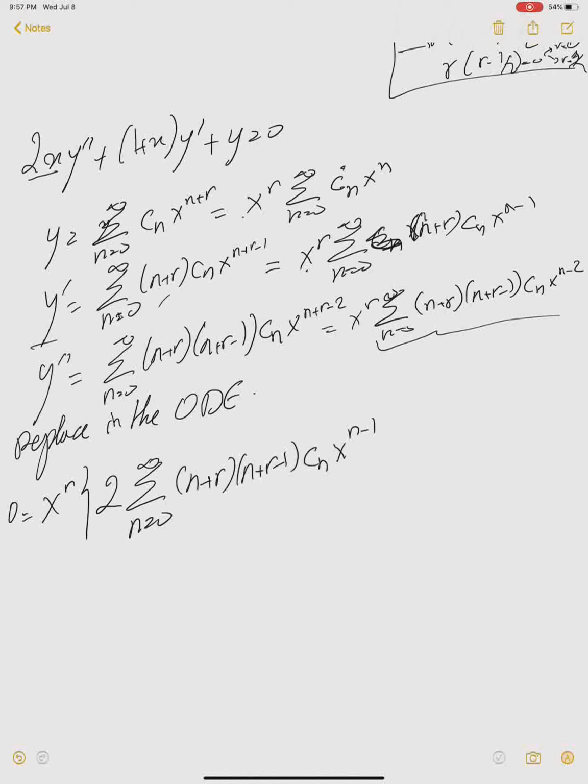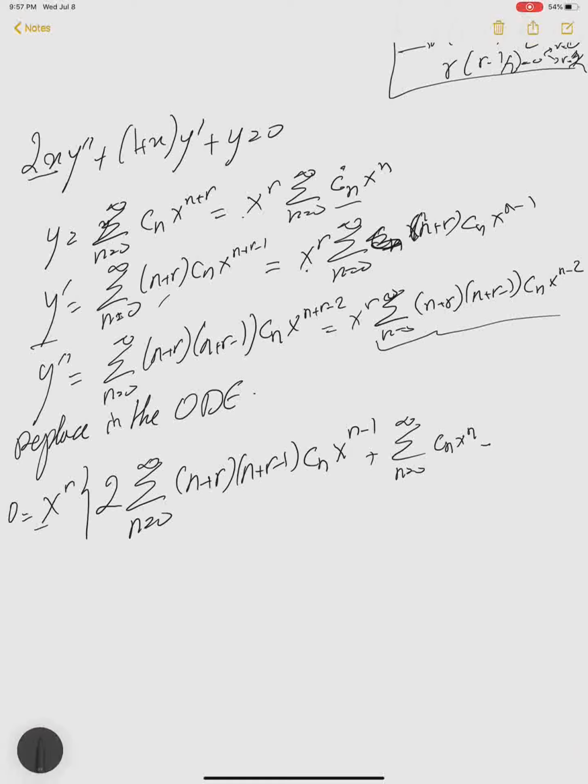Now multiply 1 plus x by y' and expand, so it's 1 times y' plus x times y'. So this is plus, first 1 times y', which is n equals 0 to infinity. Remember, I have x^r outside. c_n x^n, this is here.